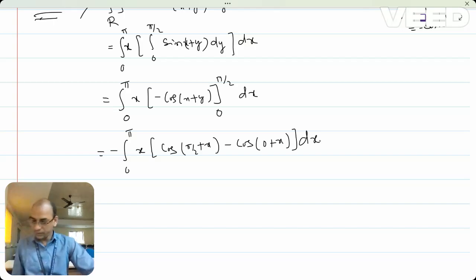Now, what is the value of this one? cos of x plus pi by 2, or pi by 2 plus x, is nothing but minus sine x, minus sine x.